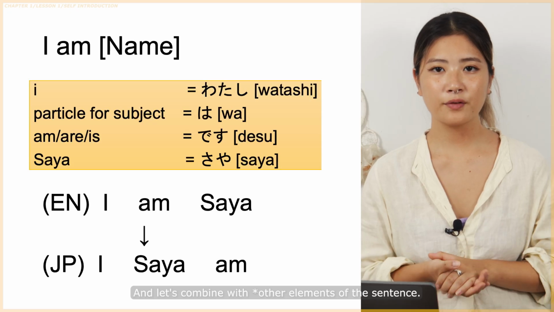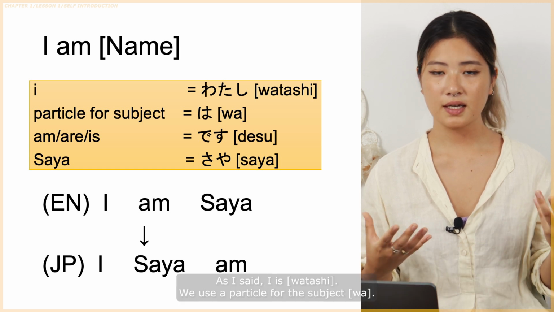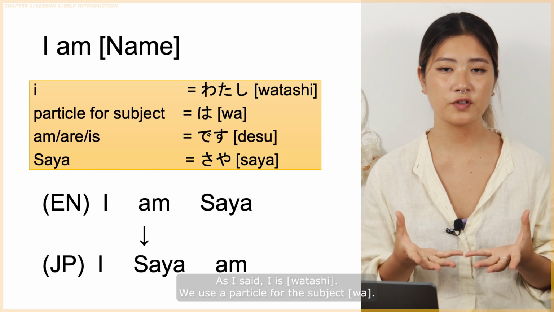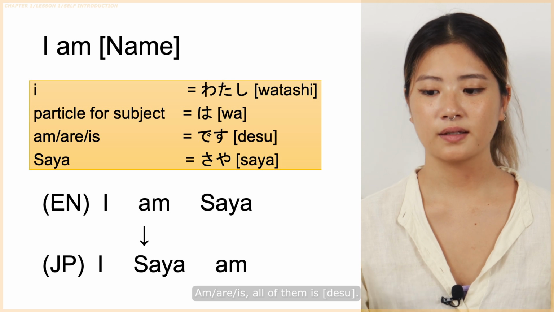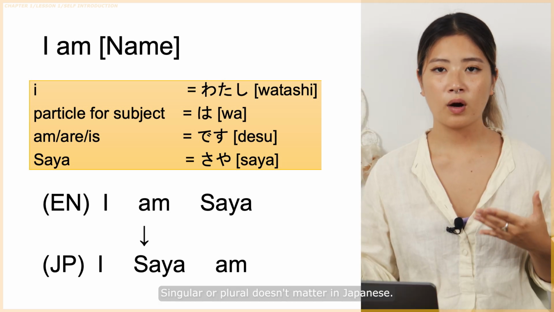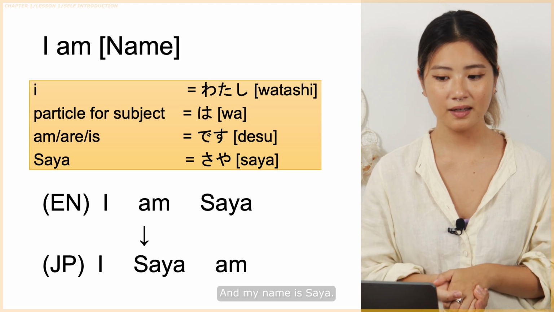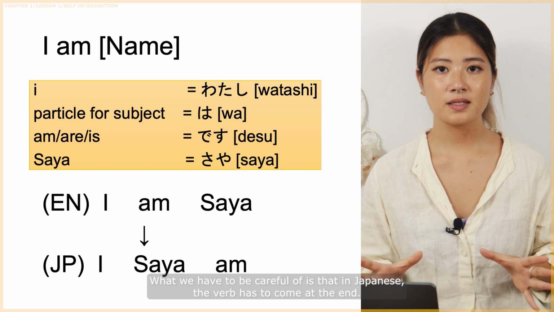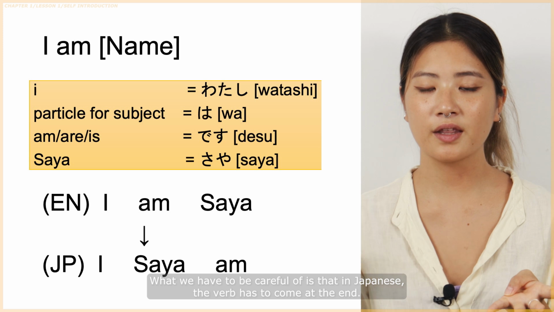Let's combine it with another element of the sentence. As I said, "I" is watashi. We use the particle for subject, wa. "Am," "are," "is," all of them are desu. Singular or plural doesn't matter in Japanese. And my name is Saya. What we have to be careful about is that in Japanese, the verb has to come in the end.